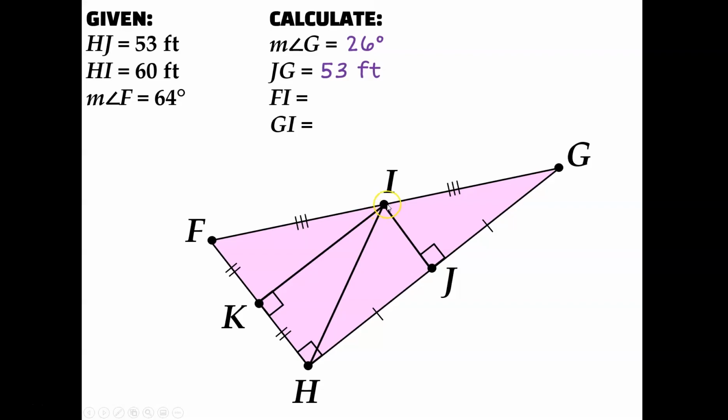And since I is the circumcenter, we know that it's equidistant from each of the vertices. So IH is the distance from the circumcenter to each vertex, and IF, or FI, is another length from the circumcenter to a vertex, which means that FI must be equal to HI. Likewise, GI must be equal as well.